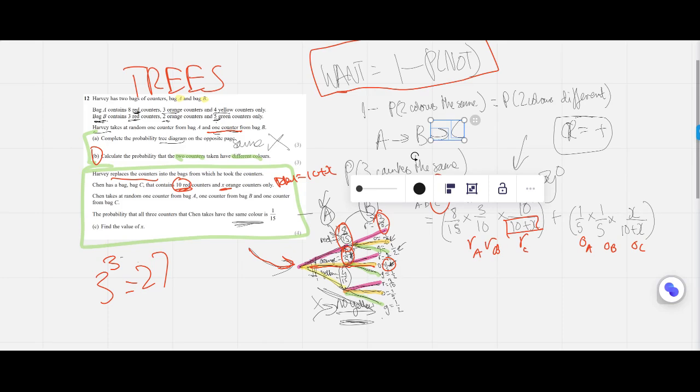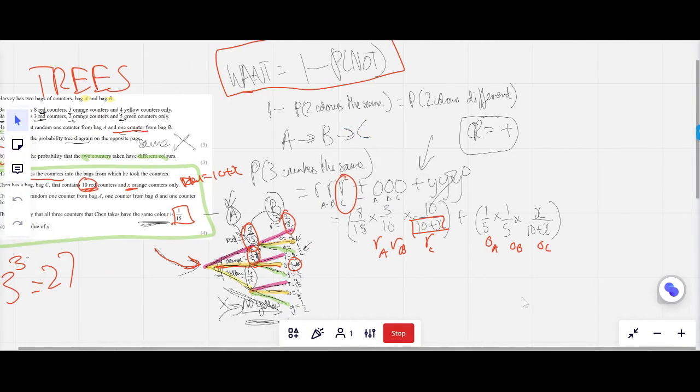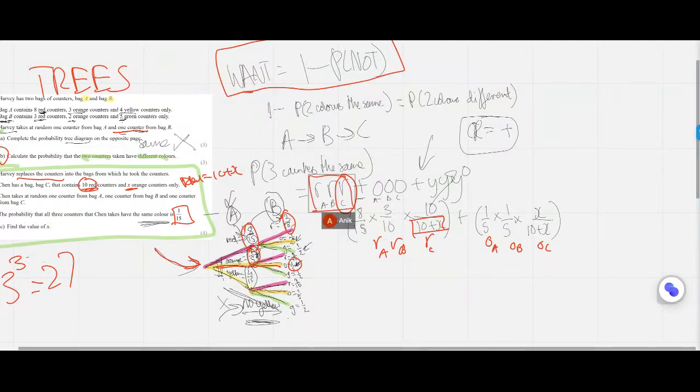Immediately, we want to use what we've been given, okay? There's no point working out all the possibilities. Let's just work out the probability that all 3 counters have the same color is 1 over 15. So that's what I've done here on the right. You can see that I've written out the probability you get red, red, red, orange, orange, orange, or yellow, yellow, yellow.